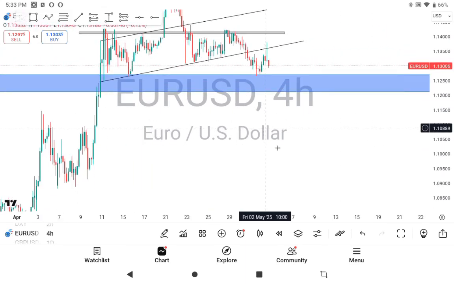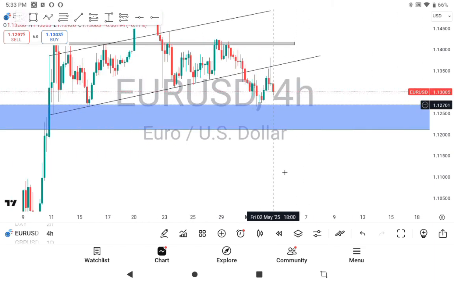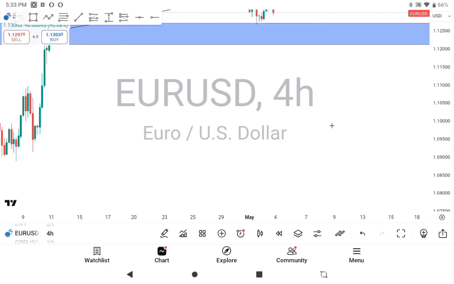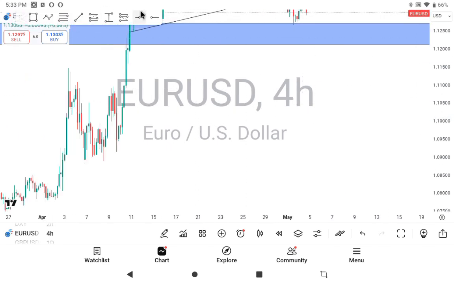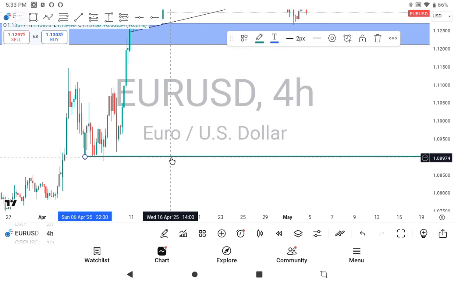Now as it is now, what is holding Euro USD from selling to the downside is this major level of support. If this major level of support is cleared, Euro USD will be free to start selling to the downside. And the next level target on Euro USD will be this level right here. This is the level of support.